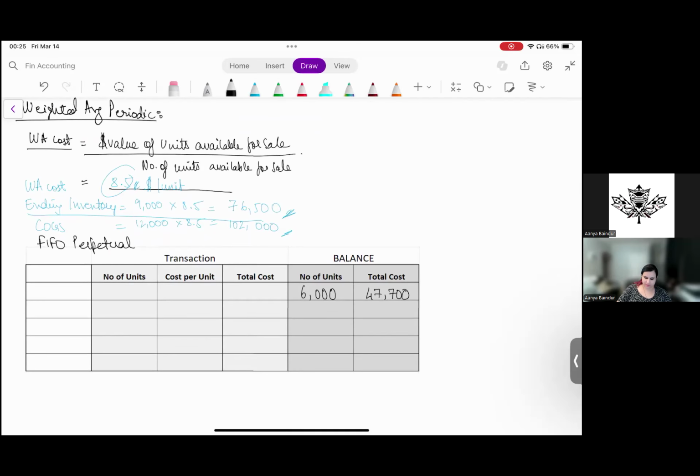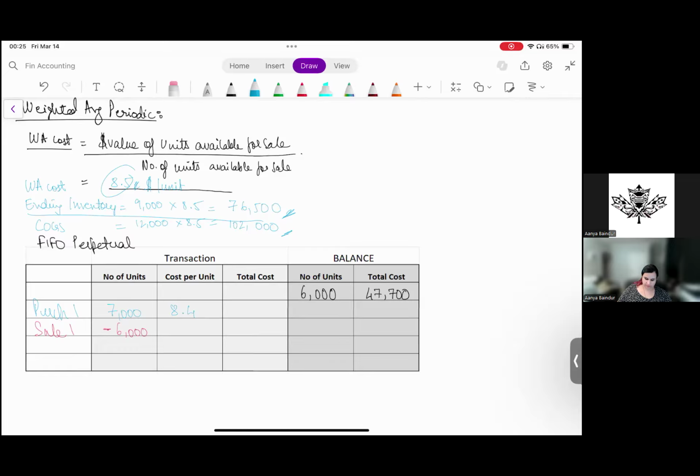Now next, let's put purchase one. How many units were purchased? 7,000. What is the cost of these units? 8.4. Next, we made a sale. So that's sale one. That was 6,000 units. At what price? That we'll determine later.